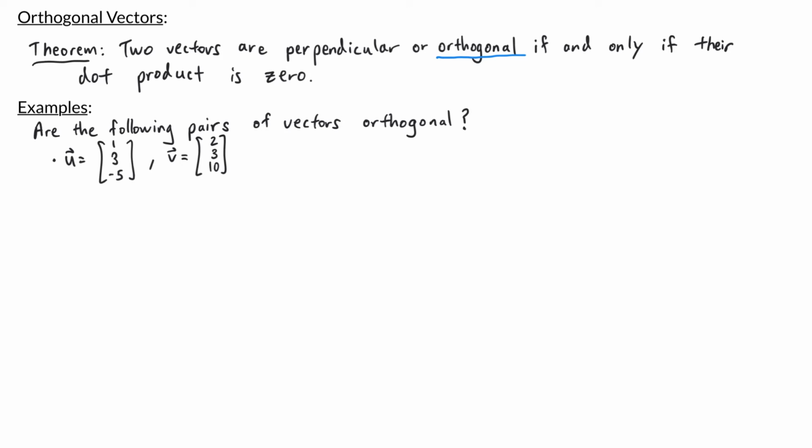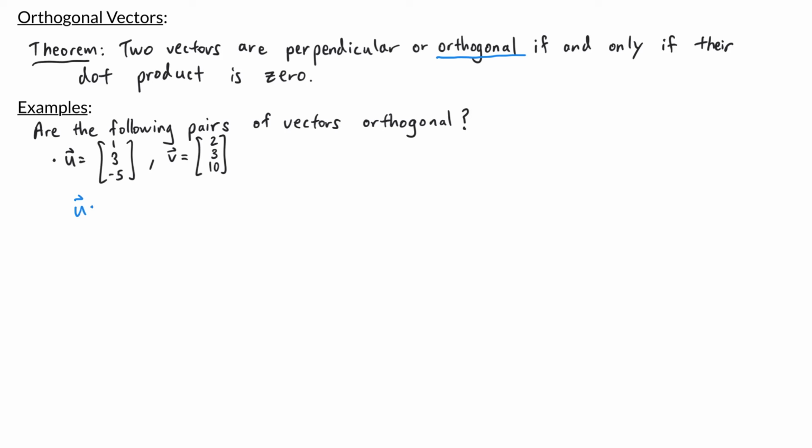In this example, we want to determine if the following pairs of vectors are orthogonal. First, we have the vector u with entries 1, 3, negative 5, and v with entries 2, 3, 10. So again, to determine if they're orthogonal, I want to take their dot product and see if that dot product is equal to 0.